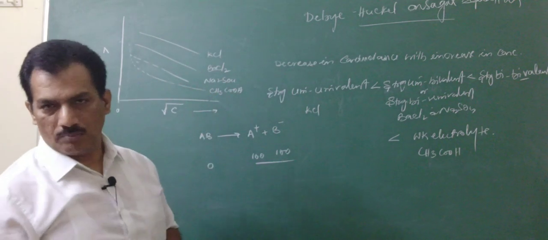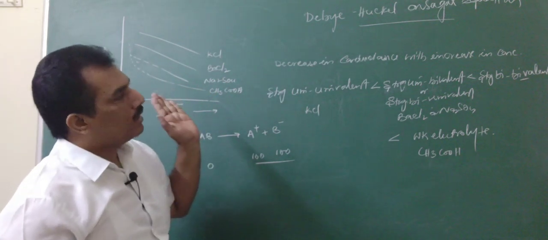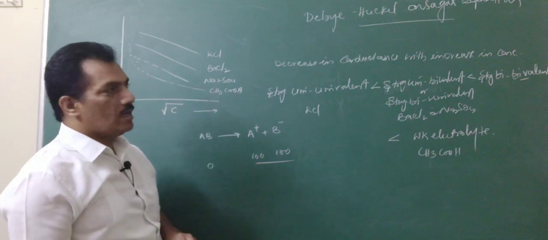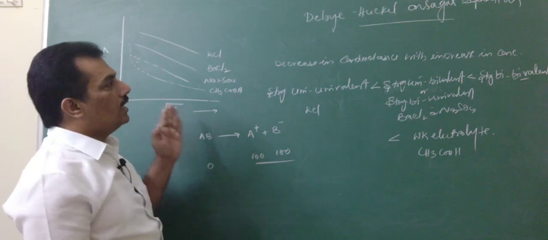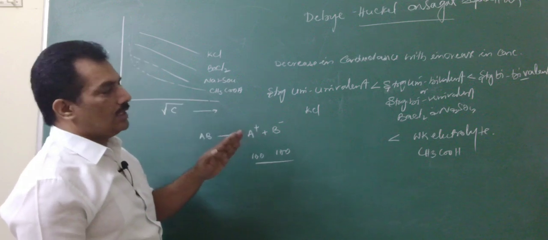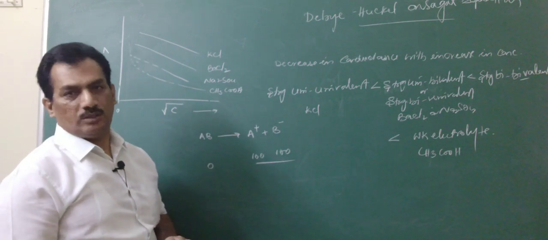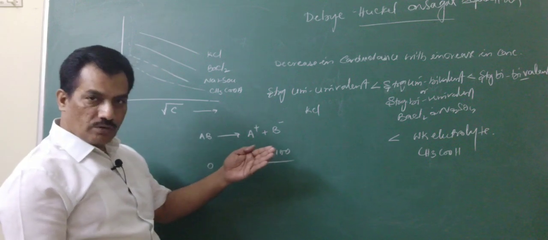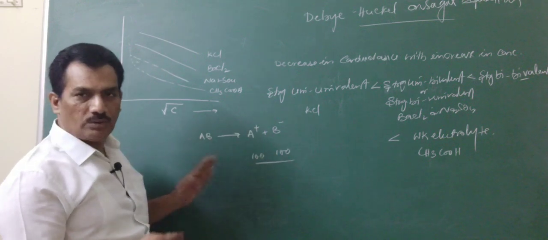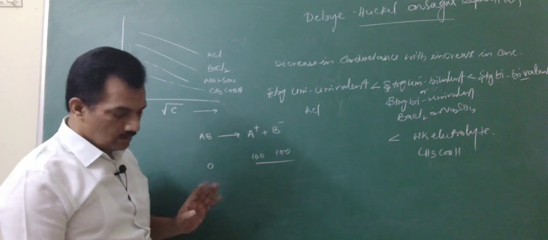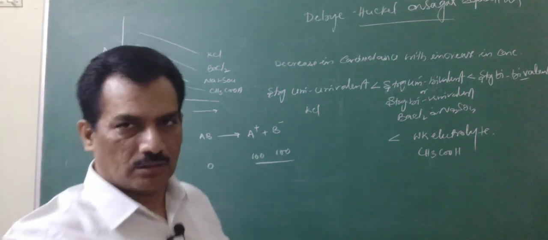That is one of the laws. What is the Debye-Huckel-Onsager equation, how is it useful in finding the conductance of electrolytes at infinite dilution, where it is useful and where it fails, we will discuss in this session. Clear? Now let me give that.